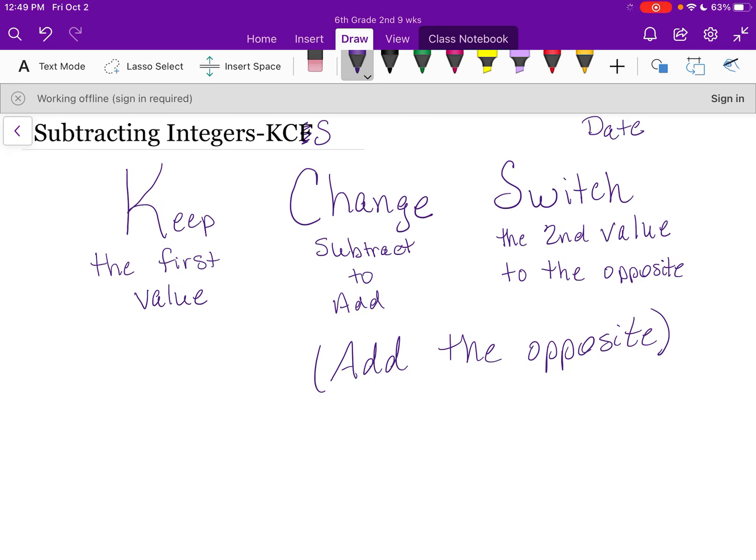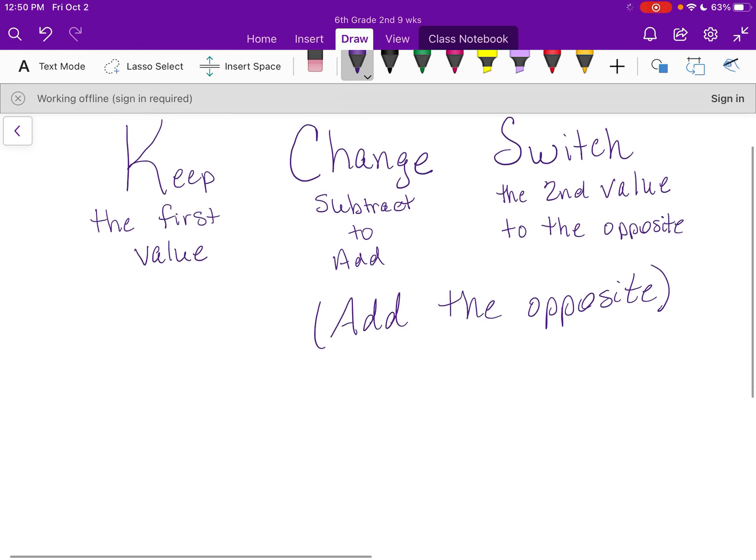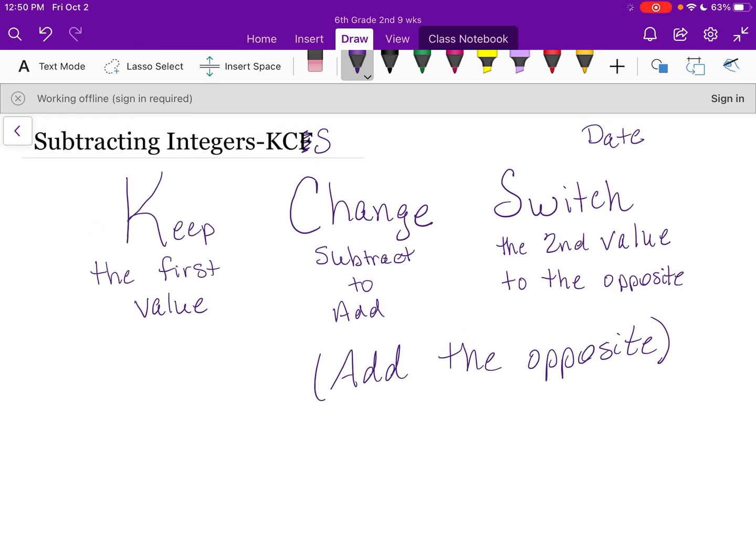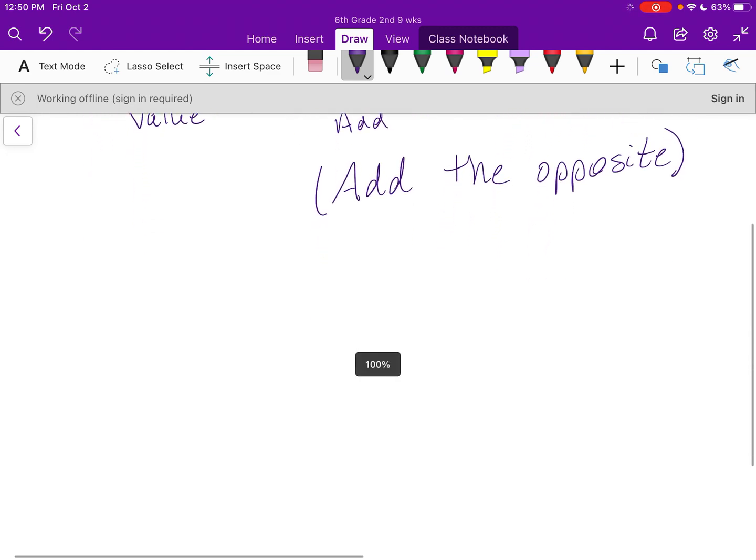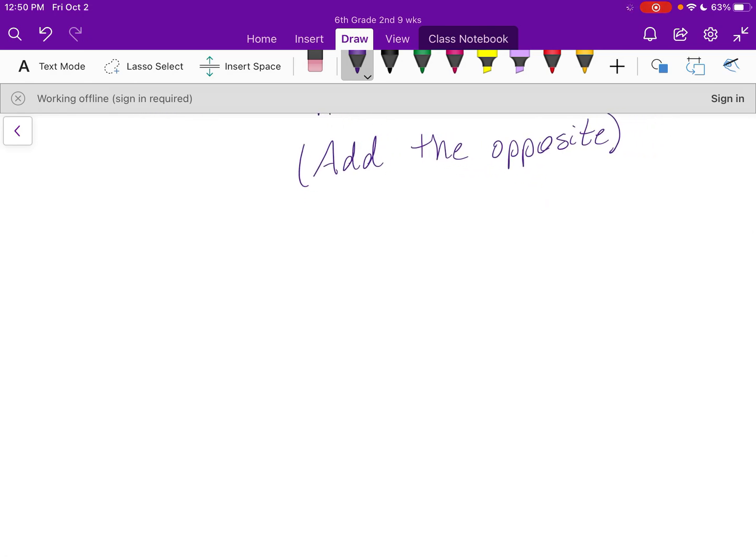Okay, so let's connect that to what we already learned just a second ago when we looked at the integer tiles, okay? So one of the questions that we did is 6 minus negative 2. So we add 6 positives. We added 2 zero pairs.